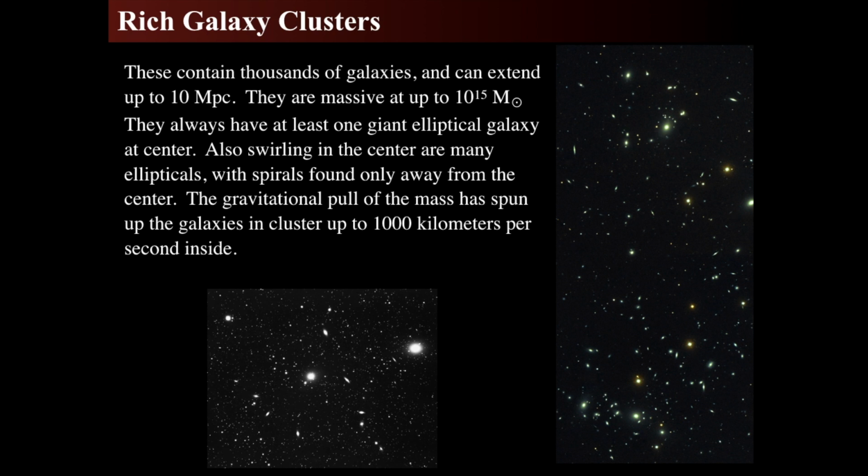So this would be 10,000 Milky Ways in terms of mass. They always at least have one giant elliptical deep in the center, and rich galaxy clusters have many ellipticals swarming around the center, and the gravitational pull from them usually makes these galaxies spin up to 1,000 kilometers per second as they whip around inside of them. Now that 1,000 kilometers per second inside galaxy clusters has a lot of implications.